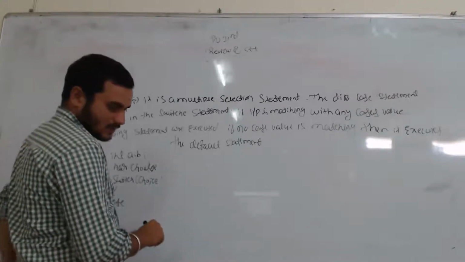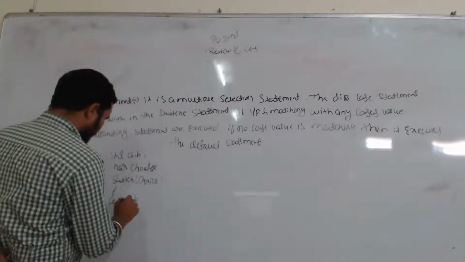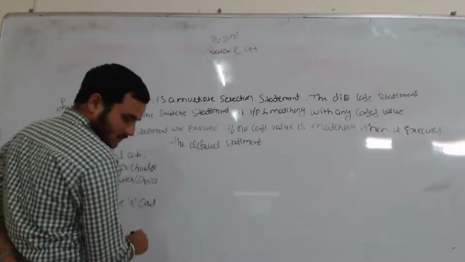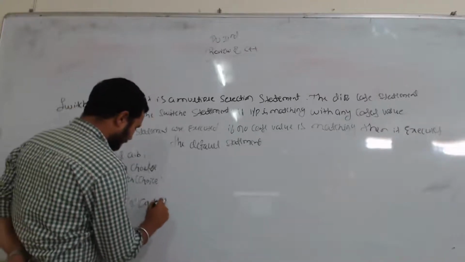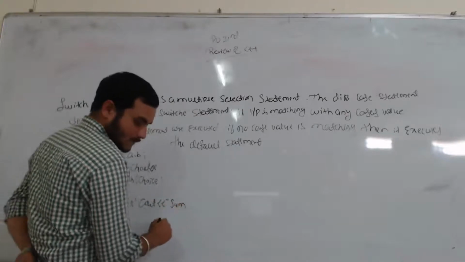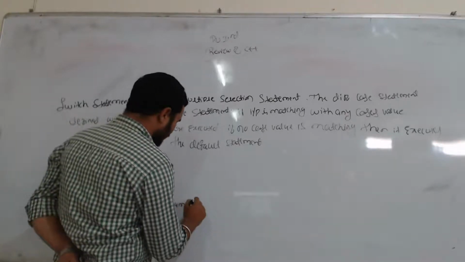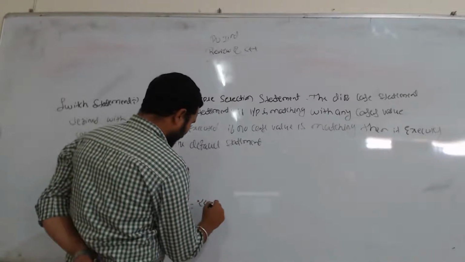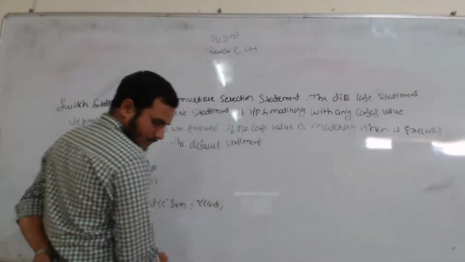Case 1: cout sum is equal to a plus b, break.